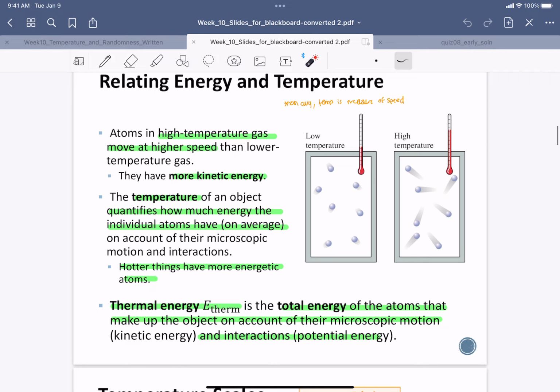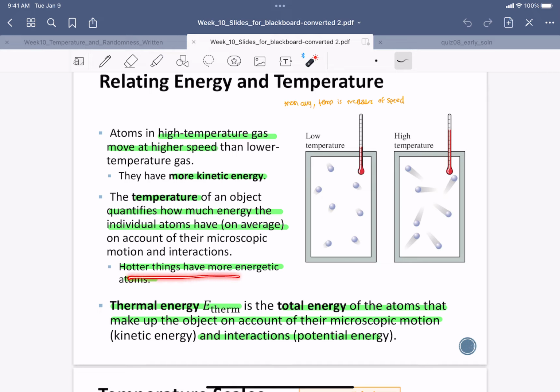So temperature, this is more like chemistry stuff. Higher temperature objects move at a higher speed, generally, and that's because we define temperature as the average kinetic energy. The temperature of an object is how much energy the individual atoms have on average.